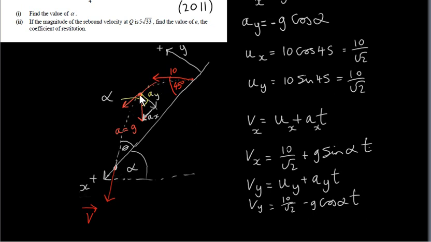It's on a line that's tangent to the trajectory, just touching the trajectory at one point. So here we have the velocity vector. It's tangential to the trajectory. This is the velocity at the instant before the particle strikes the plane.